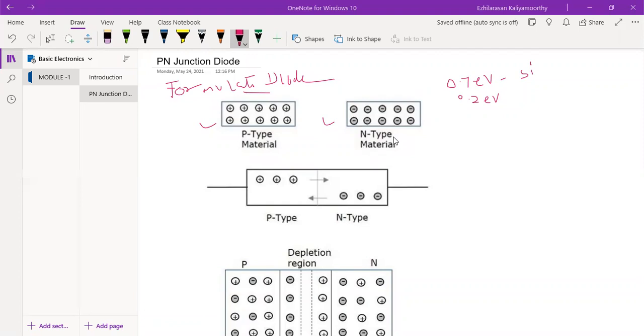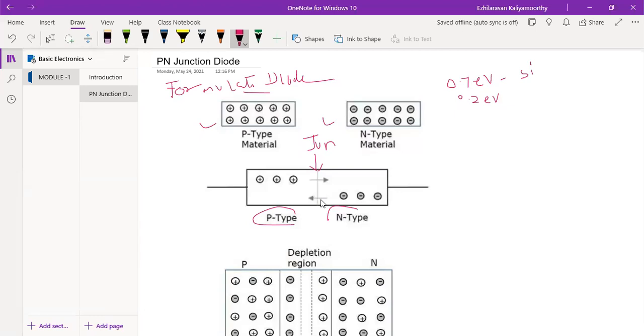When the p-type and n-type materials are brought close together, they join to form a junction. This is the junction here. This is the p-type, and this is the n-type, connected over there.